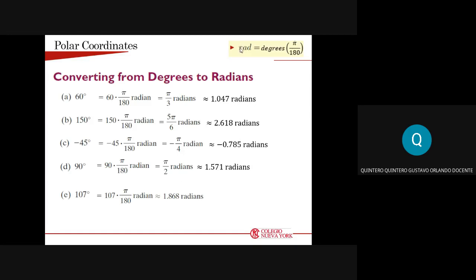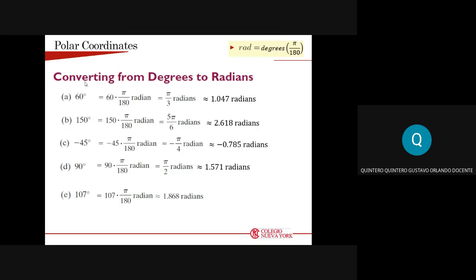Rad is the unit for radians. Also, you can write the whole word, radians. What is the unit for degrees? The unit for degrees is the little circle on top of the number.